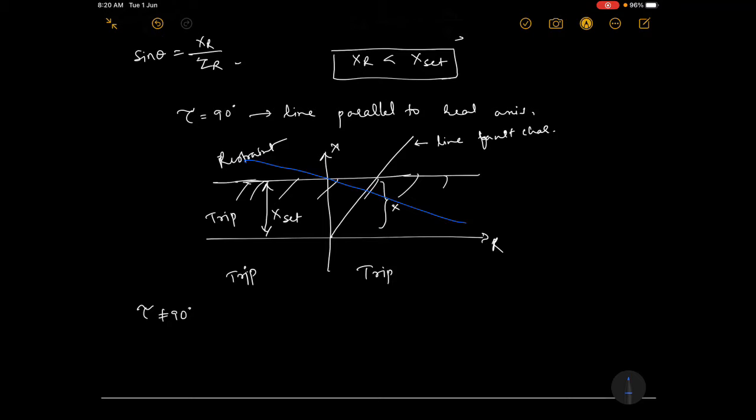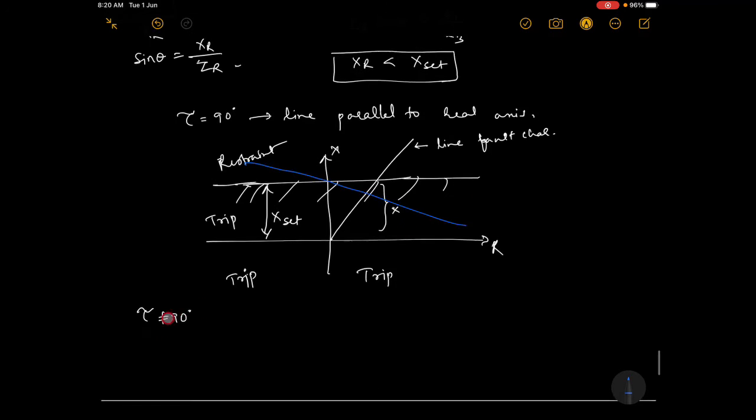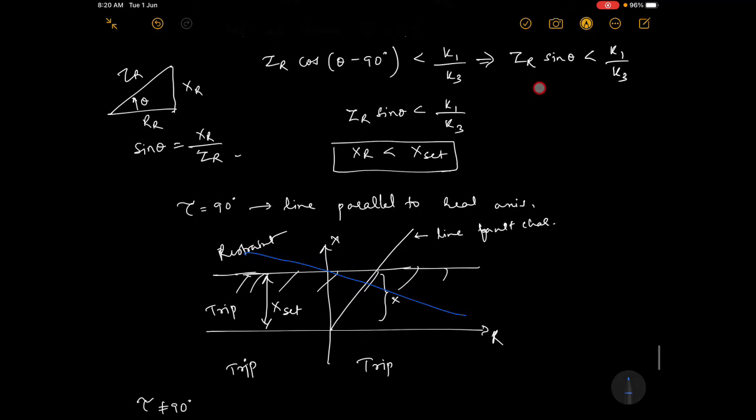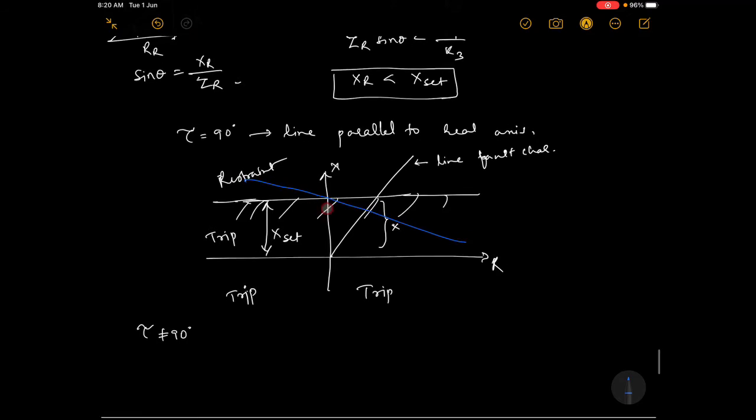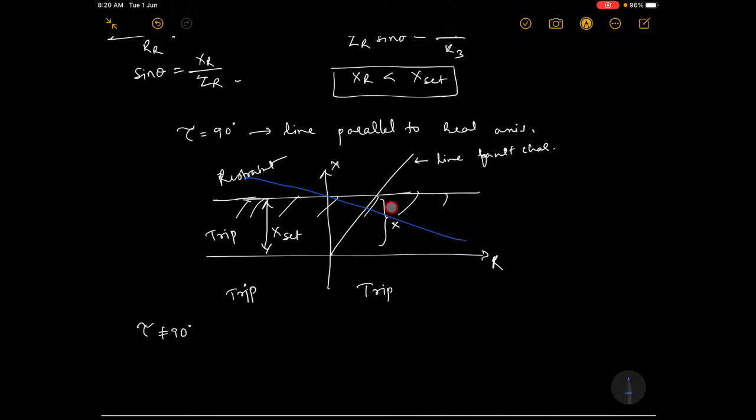So it will be slant because there are two angles now, theta and tau will come into picture, since it is dependent on two angles, it will be slant. So if tau is not 90, then this will be our operating line.